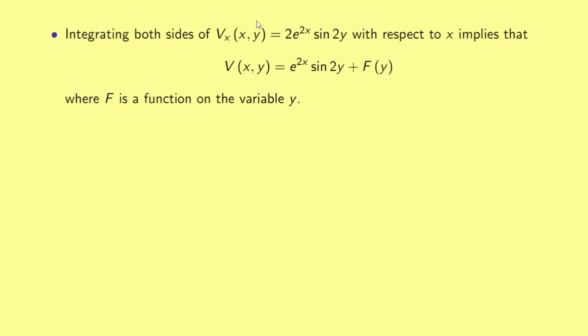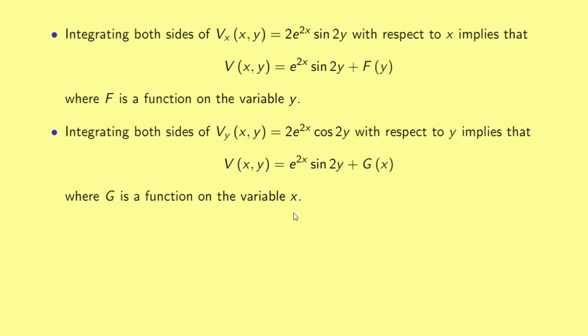First, we integrate this expression with respect to x, and we obtain that v of x, y equals e to the power 2x times sine of 2y plus a function which only depends on y. If we differentiate this expression with respect to x, we obtain 2 e to the power 2x times sine 2y, and since this term only depends on y, we get 0.